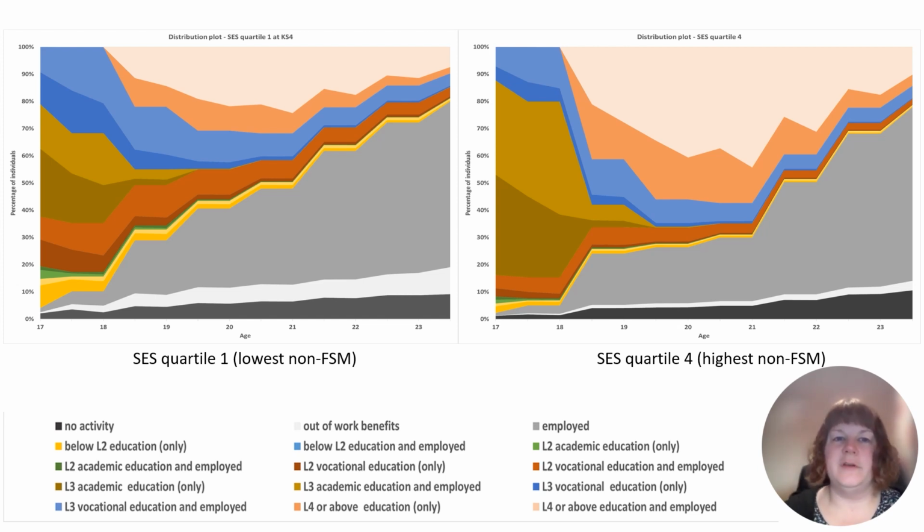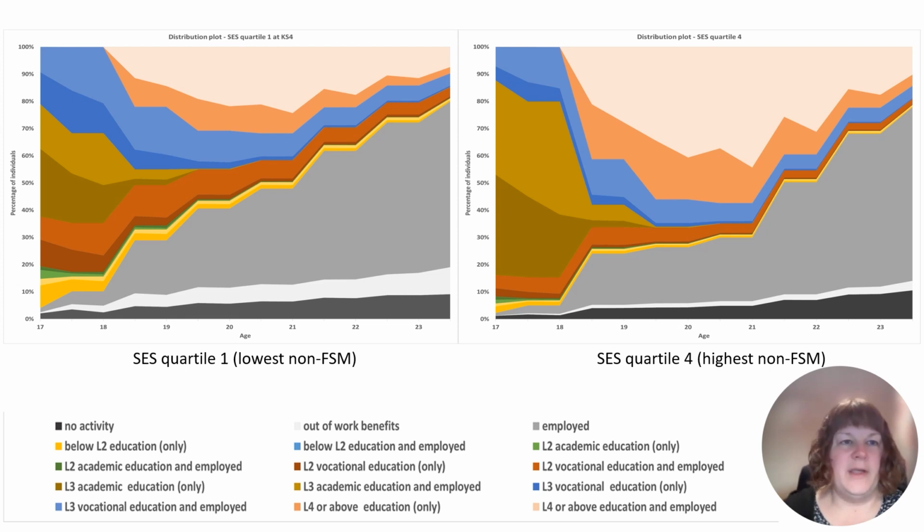Most individuals in this group are following that track for a couple of years and then moving into university. That's the level 4 and above, the very sizable orange bars at the top, again split according to whether individuals are working or not. Once they've exited higher education, many seem to be moving into employment, the grey shaded areas. We can contrast this with the much more varied picture, particularly in the earlier periods, on the left-hand figure.